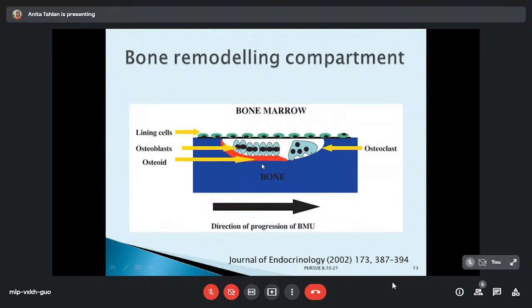So we have the bone remodeling compartment where these basic multicellular units do their function. At a given time, all these processes go on, maybe at different sites in the bone marrow. Usually the initial event is the resorption. However, formation and resorption cycles keep going on.